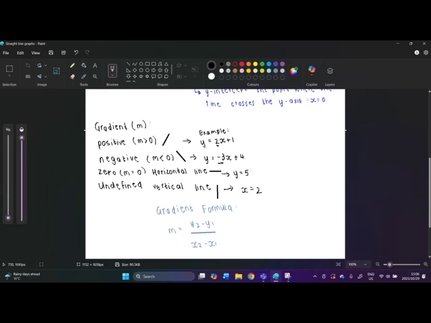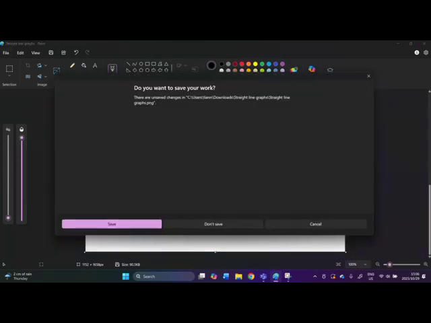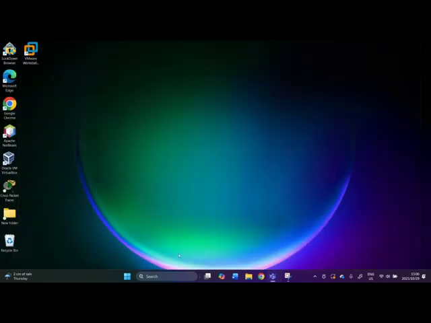So basically y will be 5 throughout that whole line. And when your gradient is undefined, it's a vertical line. Your formula of gradient, as you know, is m equals y2 minus y1 over x2 minus x1. So you know all of this. Okay, let's move on.